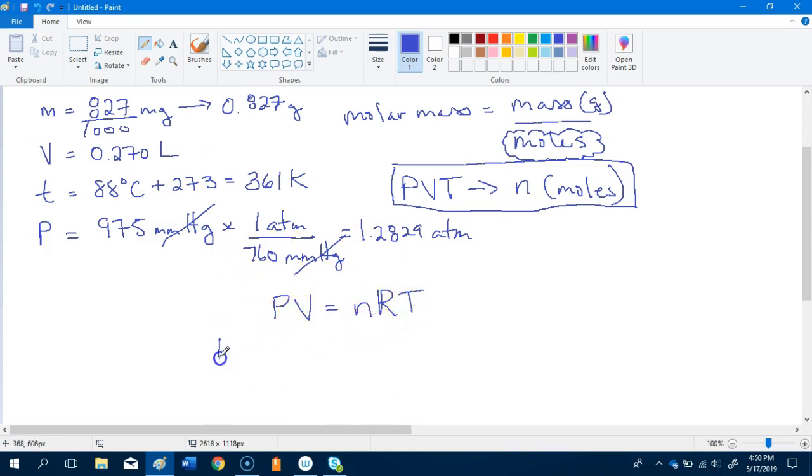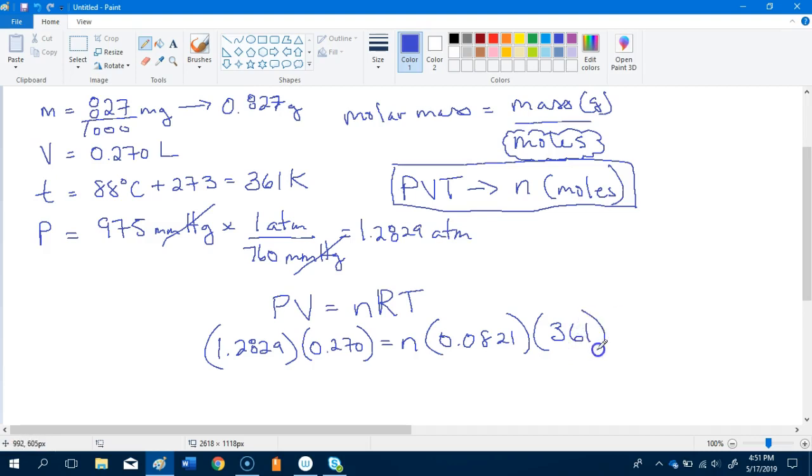My pressure is 1.2829 atmospheres. My volume is 0.270 liters. That's equal to n, which I'm trying to find, times my ideal gas constant, which is always the same, 0.0821, times my temperature in kelvins, which is 361.